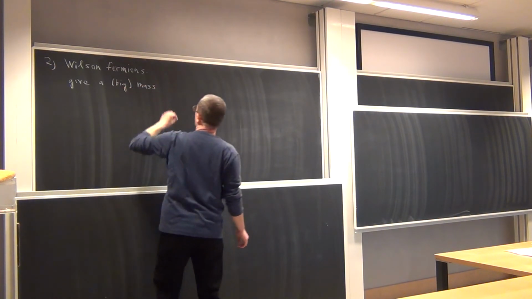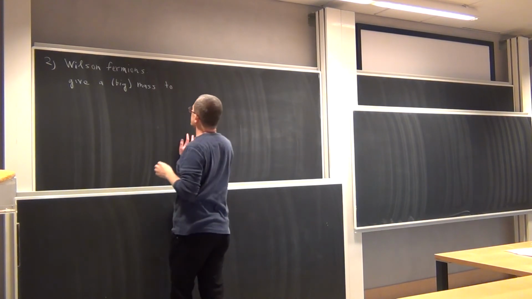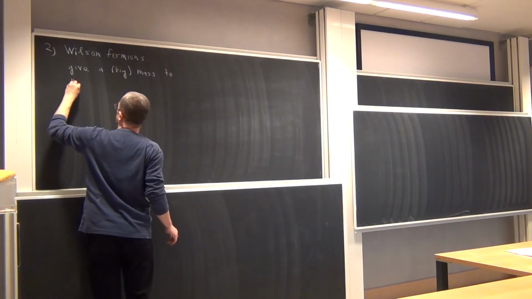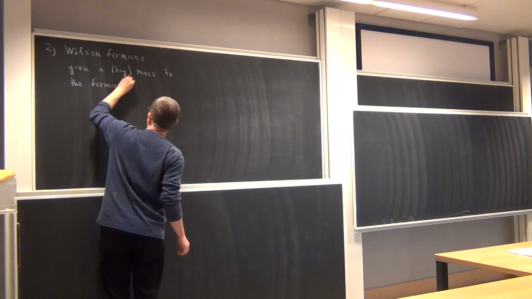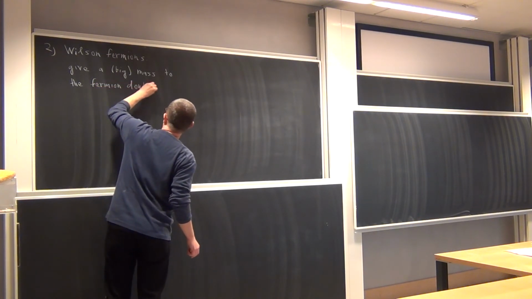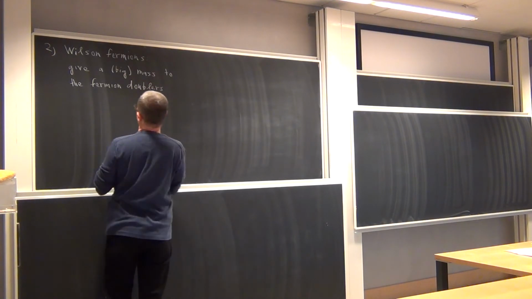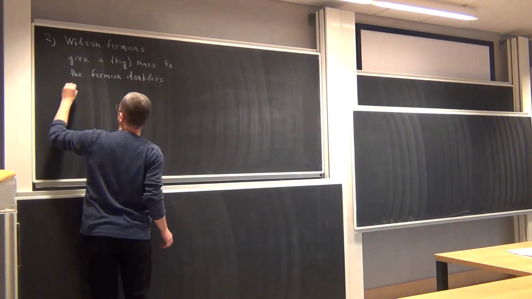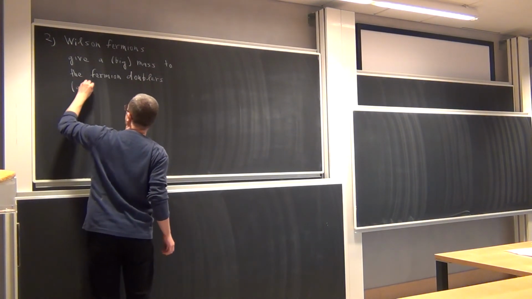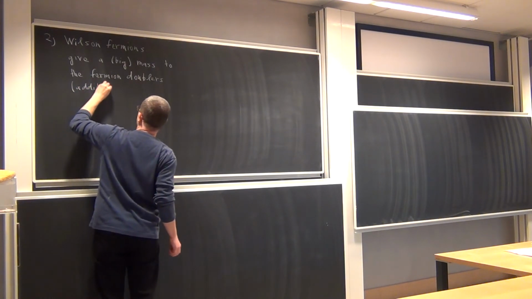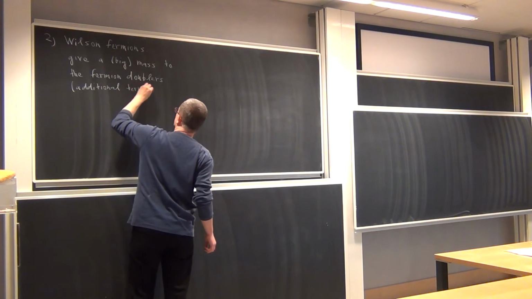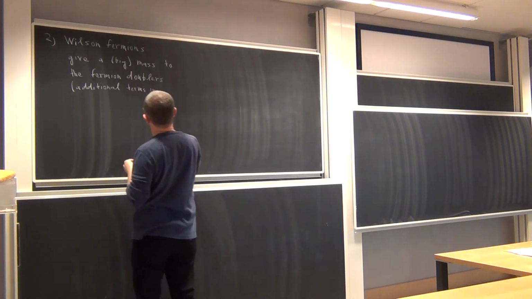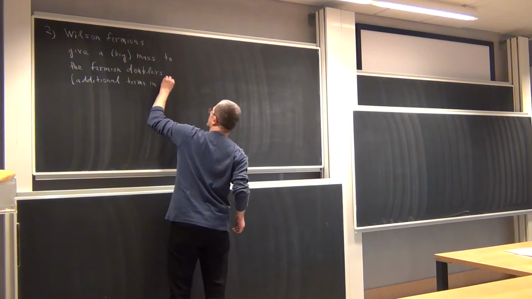So give a big mass to the fermion doublers. And these are additional terms, basically additional terms in a discretized action.